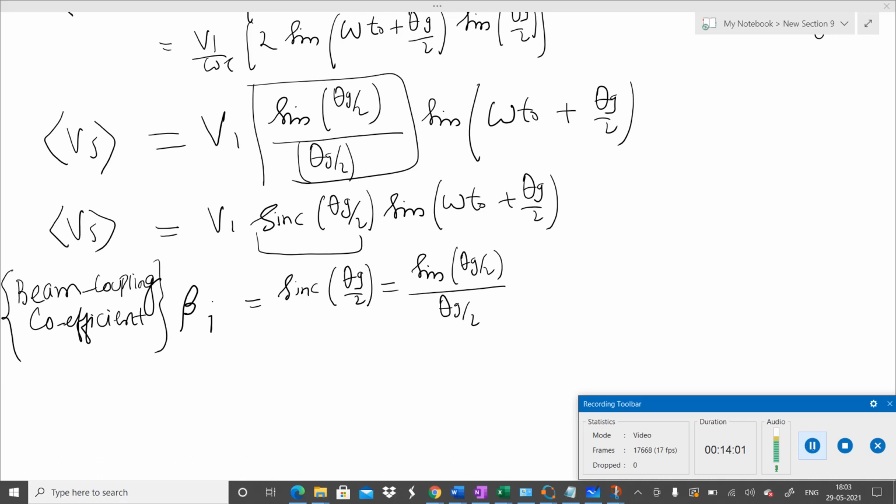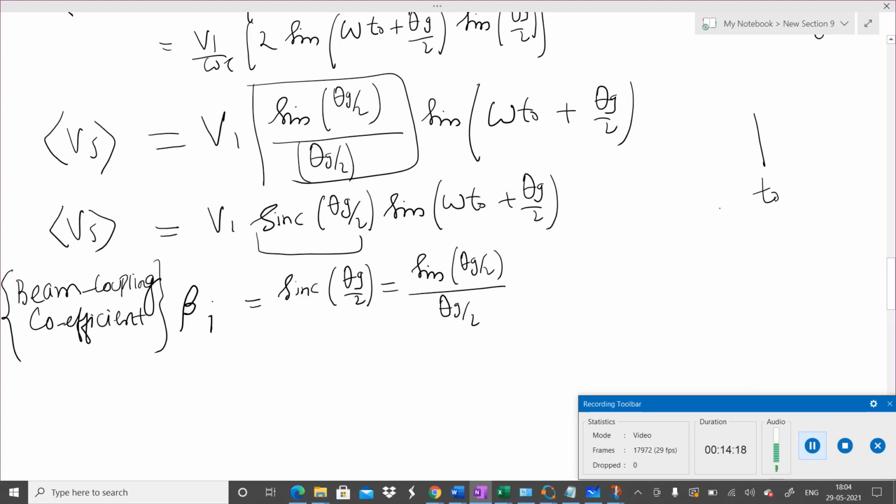Now first of all, what will be the net potential after the electron exits from the puncture cap? So here is the puncture cap, it enters here at t naught.